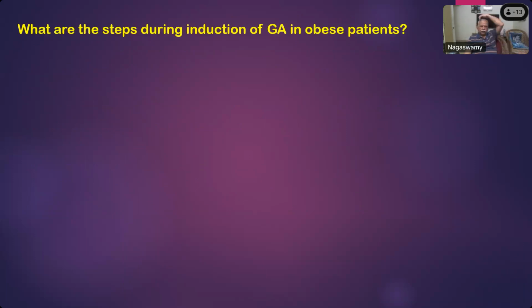What are the steps during induction of GA in obese patients? Supposing you plan to give GA for a patient, what are all the steps that you have to follow?